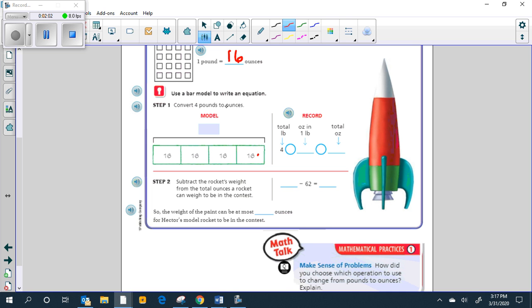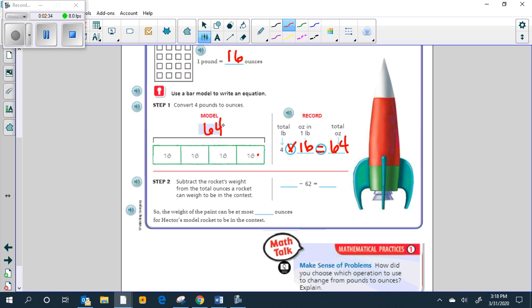To find out how much the entire weight would be, that would be like saying 4 pounds times 16, because there are 16 ounces in 1 pound, and that equals 64 ounces. So 4 16s, 1 pound is 16 ounces, so 4 16s is 64.